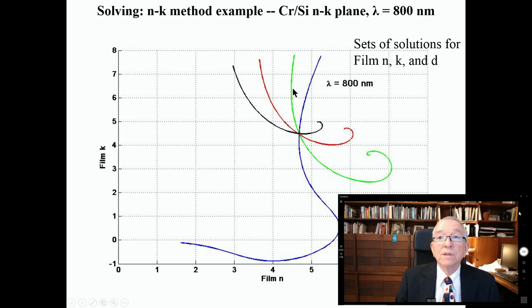So we want to do the same thing for ellipsometry. In this case, we will produce that figure in a different way for the ellipsometry problem, and we'll do it by plotting on the vertical axis K and on the horizontal axis N, optical properties of a material, and the thickness is varying along the curve.